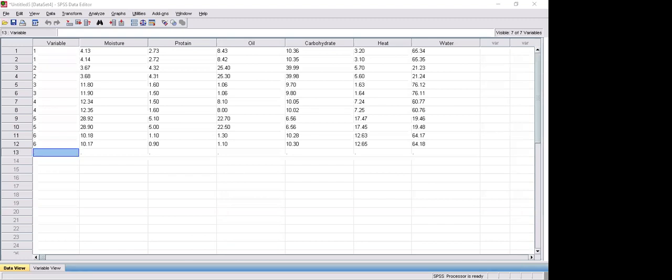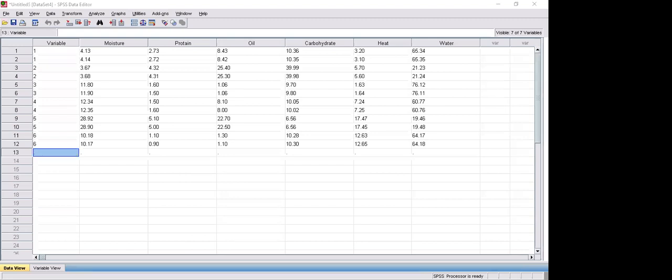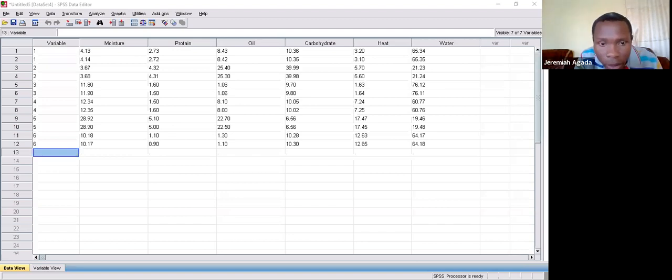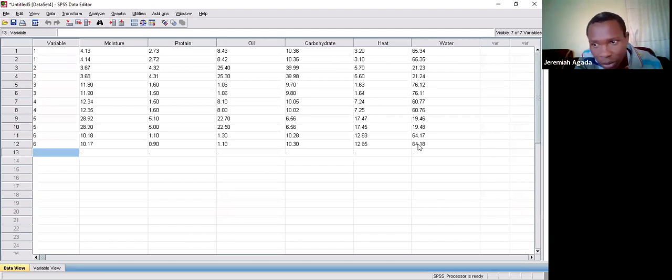Is it this one? Yes, this is the screen we're seeing. We just want to make sure that's what we're supposed to be seeing.